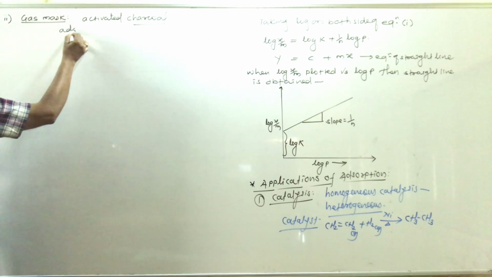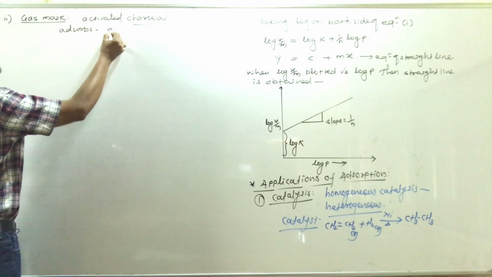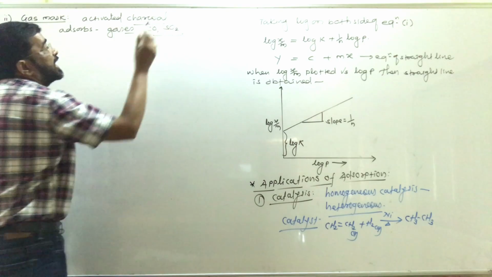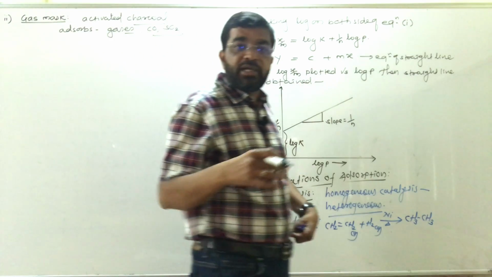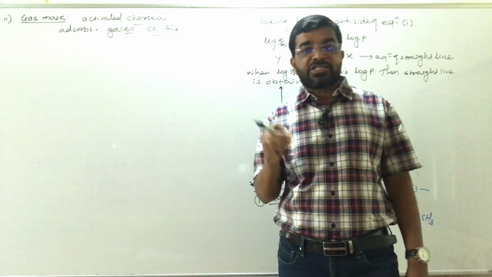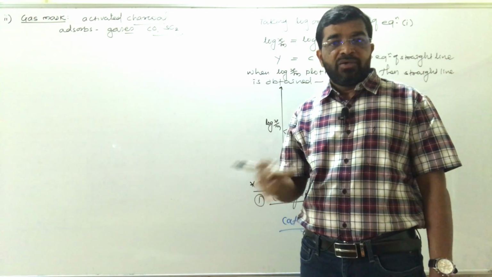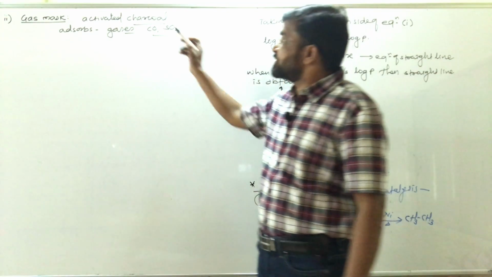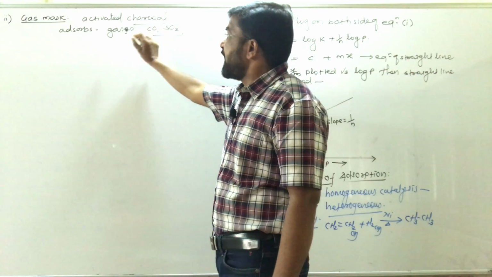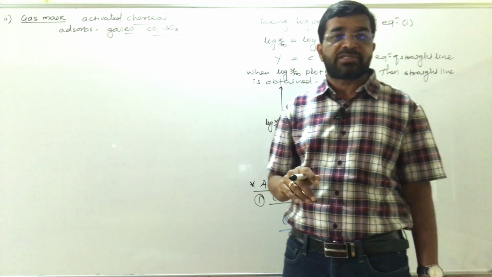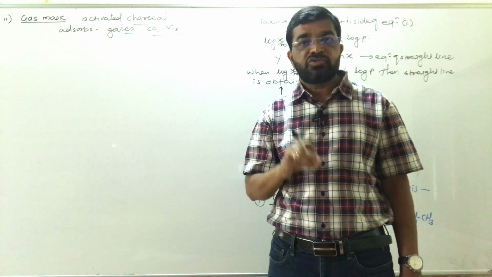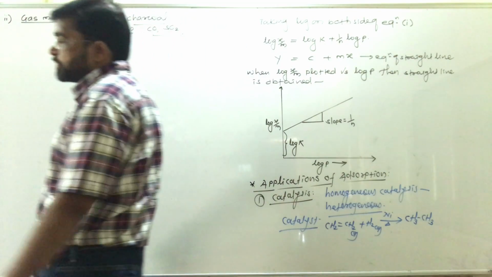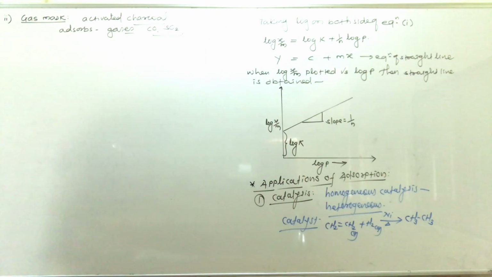This activated charcoal adsorbs the poisonous gases like carbon monoxide or sulfur dioxide. So what are the gases present in polluted air? When we use the gas mask, that gas mask contains activated charcoal, and this activated charcoal adsorbs those gases and protects us. So that is the important application of adsorption used in gas masks.